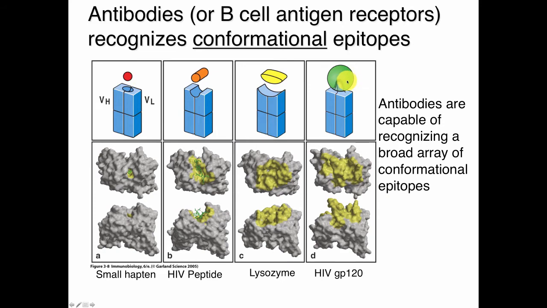In this case, it's recognizing a piece of the round green guy. In this case, it's recognizing a portion of the yellow antigen. And so these different shapes that the B-cell antigen receptor is recognizing are referred to as conformational epitopes. So conformational is just referring to the shapes of the molecular features. And that's how B-cell antigen receptors recognize antigen.